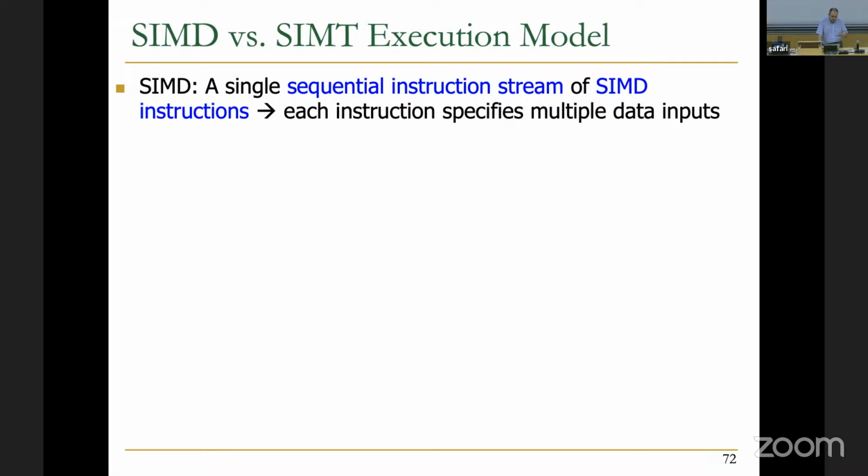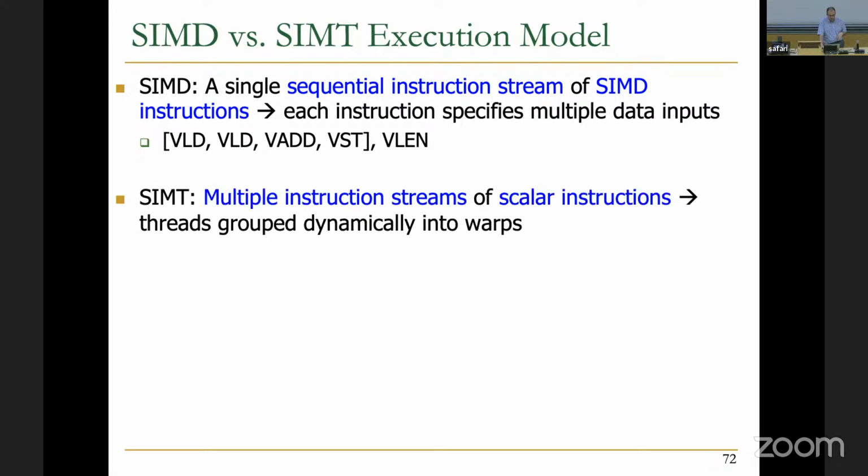So let's make some comparison between SIMD and SIMT execution models. In SIMD, you have a single sequential instruction stream of SIMD instructions. Each instruction specifies multiple data inputs, and you need to deal with vector load, vector addition, vector store, and vector lengths.